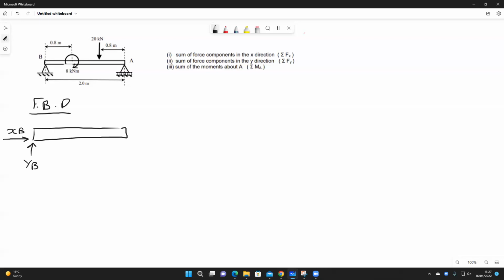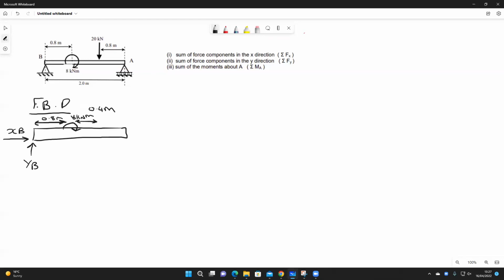So next, there's a length of 0.8 meters. And then we've got a moment of 8 kilonewton meters. And then from that point, we've got a distance of 0.4 meters.